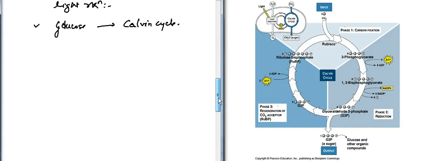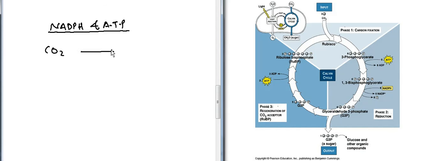So first of all, your NADPH and ATP are used for the conversion of your CO2 to C6H12O6, and also water will be there.